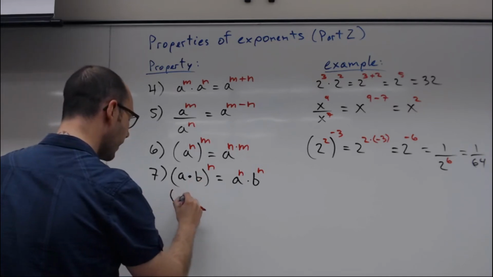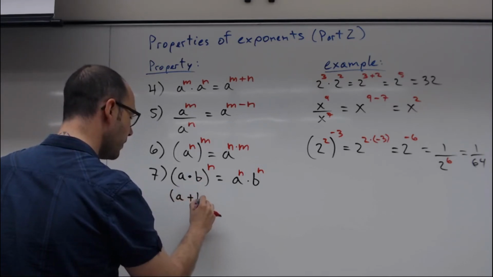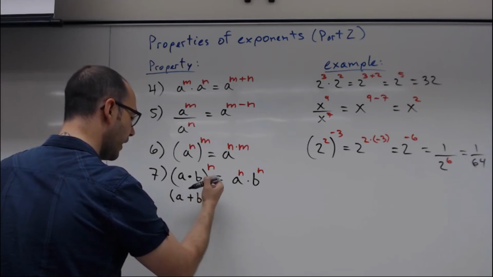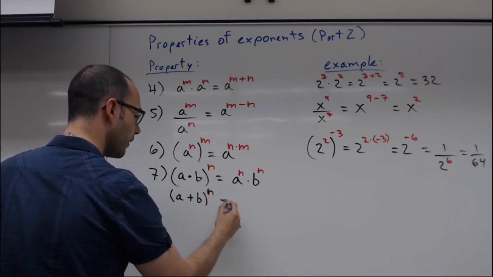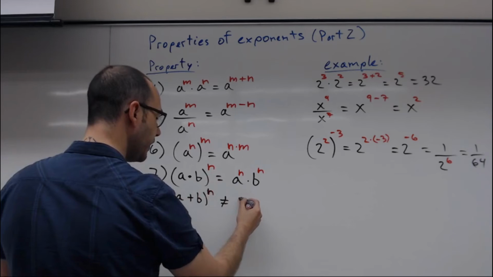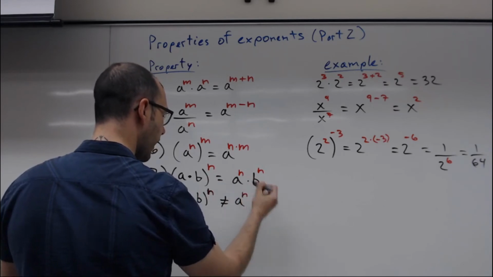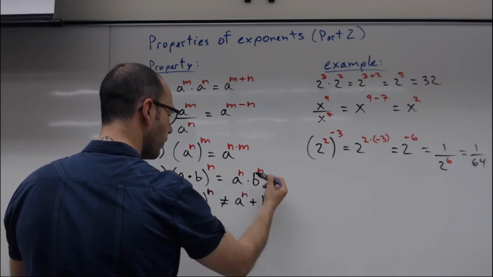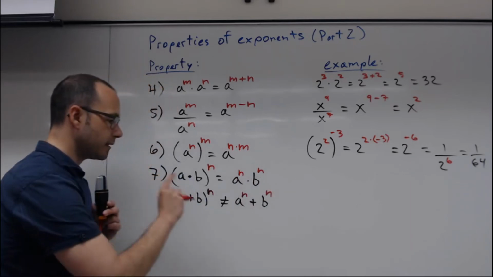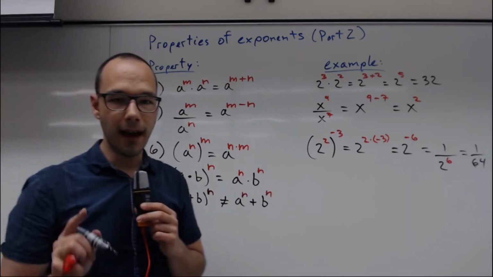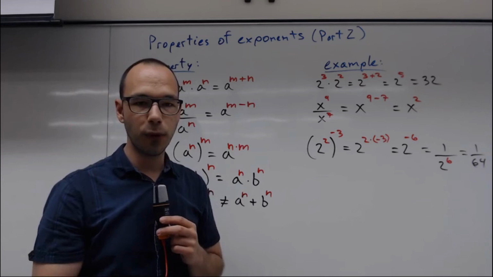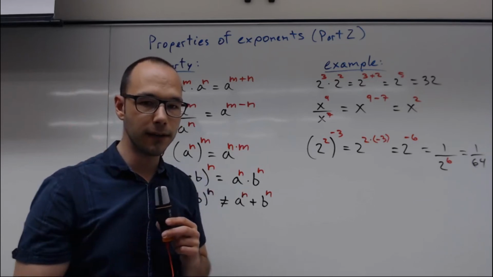If you had something like a plus b to the power of n, it is not going to be equal to a to the power of n plus b to the power of n. It's not possible to write that down. So you've got to be careful with pluses and minuses.